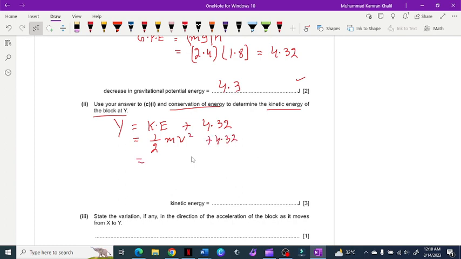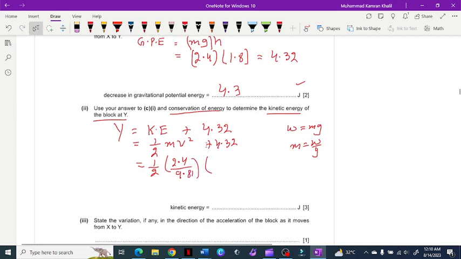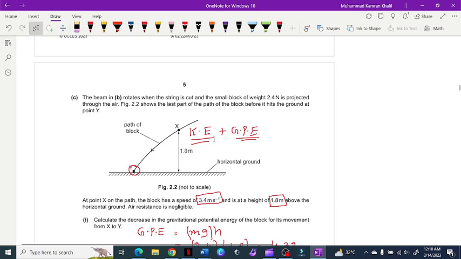The mass is not given. W equals mg, we will apply that formula. So m is equal to W upon g, which is 2.4 over 9.81. And what was the value of the velocity? We will move back.